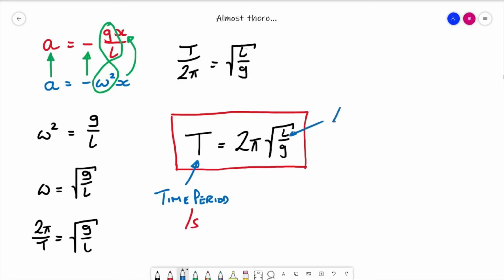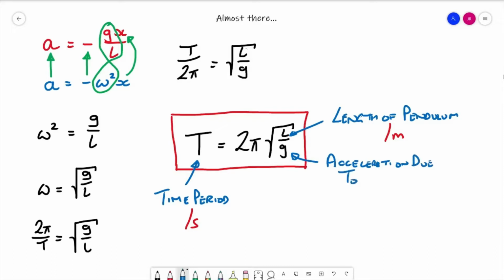L is the length of the pendulum, which will be measured in meters, and g is the acceleration due to gravity, which on Earth at least is 9.81 metres per second squared.